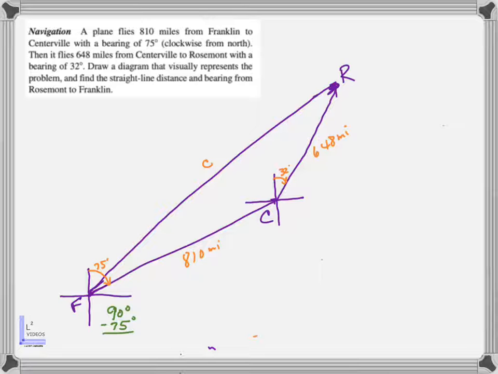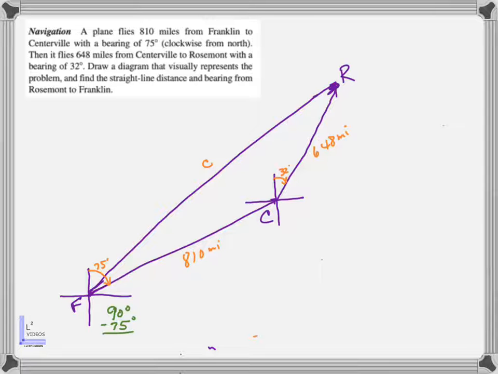Now once the plane reaches Centerville, it changes course. So we draw a coordinate axis right at the end of that first segment, and measure from due north again, and this time it's 32 degrees. So we're going to go from here to here.